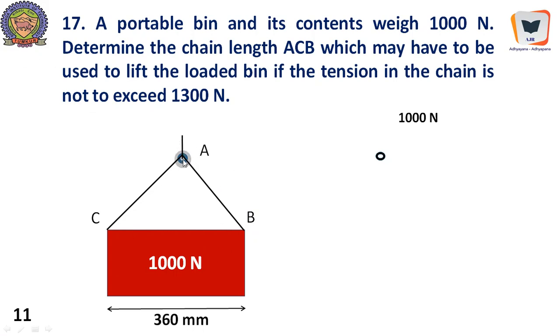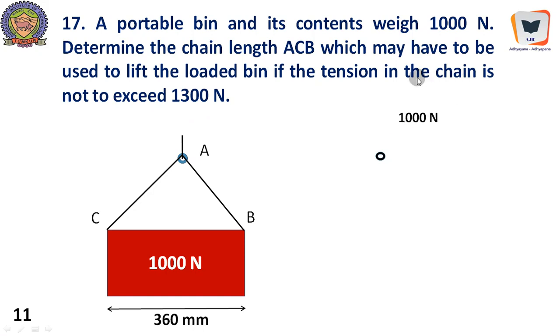But anyway, we need to find out the length of CAB, the length of this particular wire, given the dimension of the box, given the weight. And it is being hung by attaching to a hook. The hook is tied to somewhere on the ceiling, and here is the hook. Therefore, this particular wire should receive the entire weight in the form of tension.